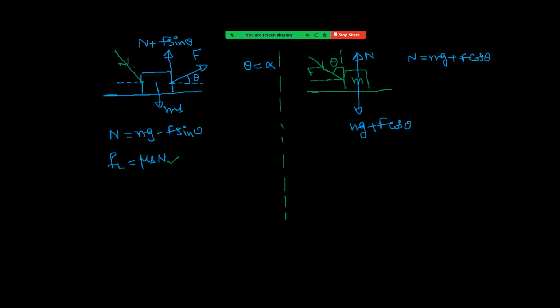Okay. Right. Now to move the block, the condition is F sin theta should be greater than or equal to limiting friction. Limiting friction is mu s into normal reaction. Normal reaction is mg plus F cos theta.